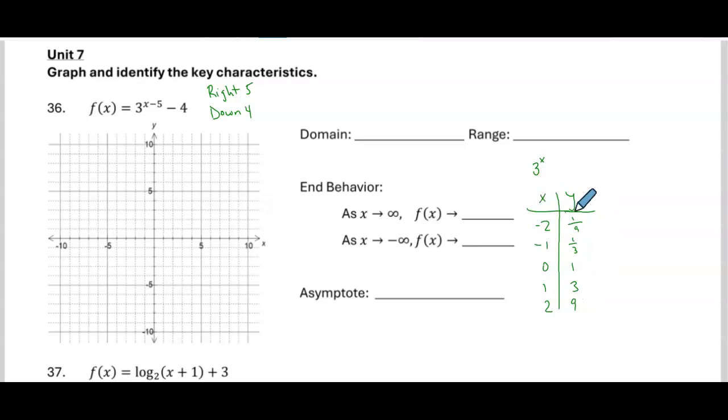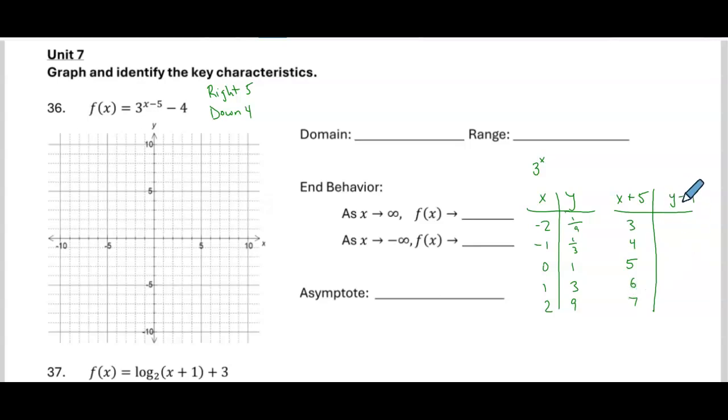But the shifting means I need to go right 5, so I need to increase the x's by 5. And I need to decrease the y's by 4. And that will move us to the correct coordinates. So -2 plus 5 is +3. -1 plus 5 is +4. 0 plus 5, 1 plus 5, 2 plus 5.